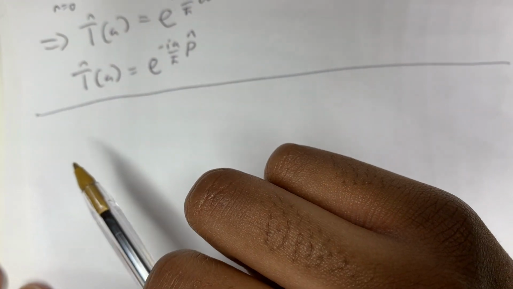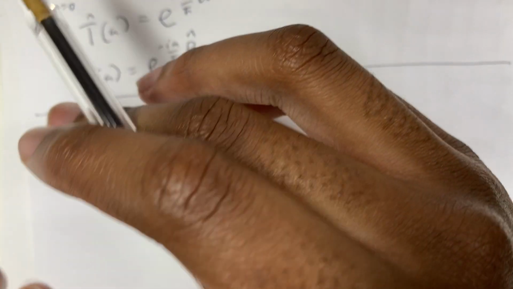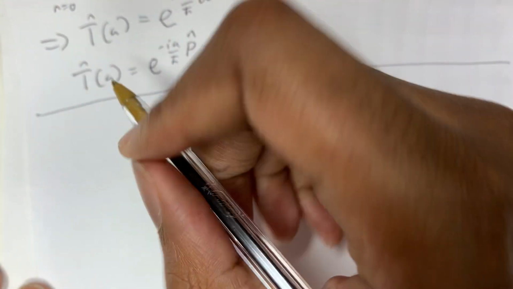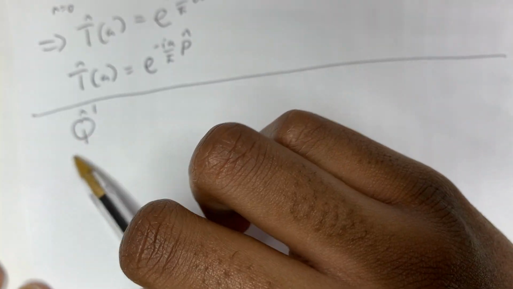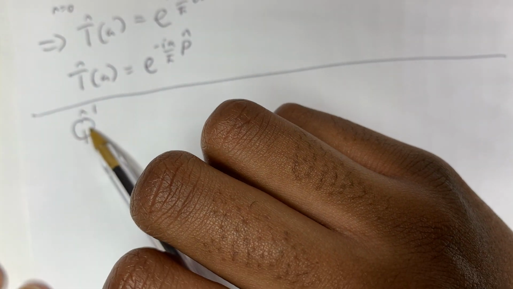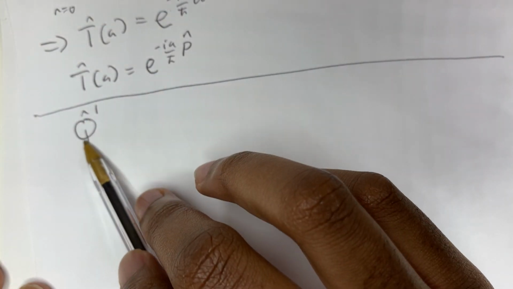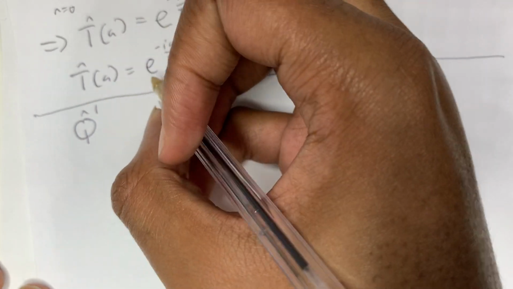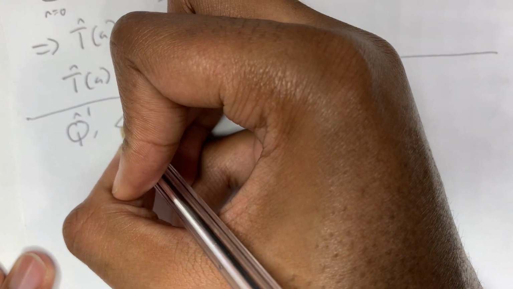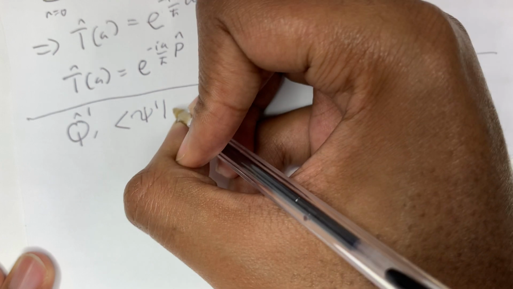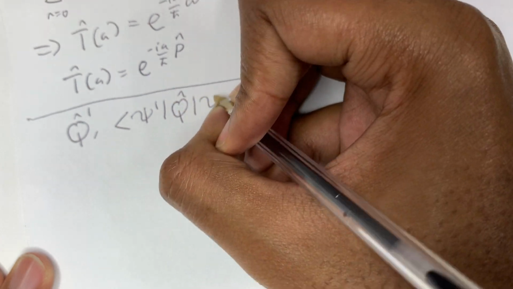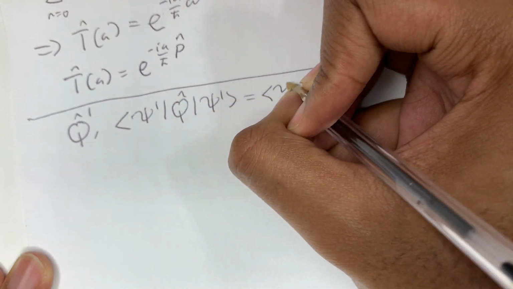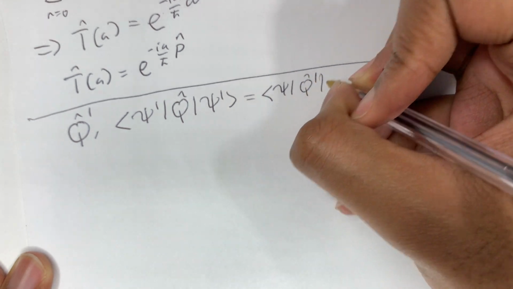This is going to be a bit non-intuitive, but when we talk about translating an operator, we say that we have q hat prime. So q hat prime means the translated version of the q hat operator, and we define the translation of this operator as this: psi prime, q hat, psi prime is psi, q hat prime, psi.